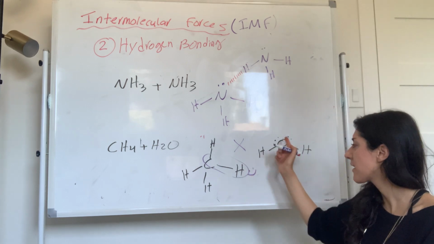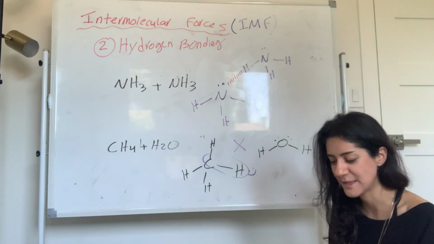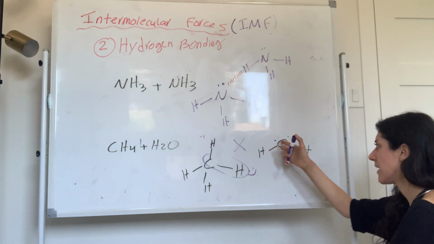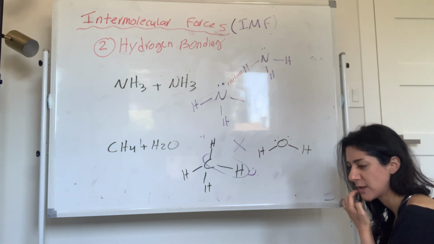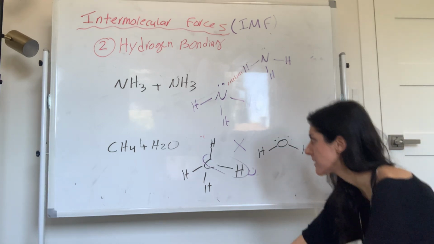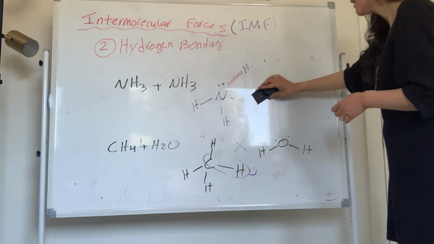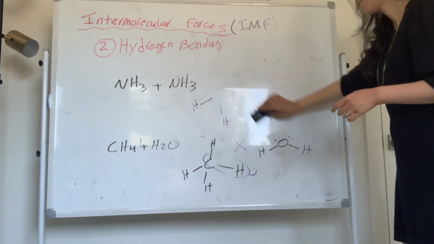It's not going to check out those electrons. Atoms are so much like human beings, as you can see. So it's not going to eye those electrons on oxygen. These two cannot do hydrogen bonding because they both have to have OH, NH, or FH to do that. We're good so far? Okay.